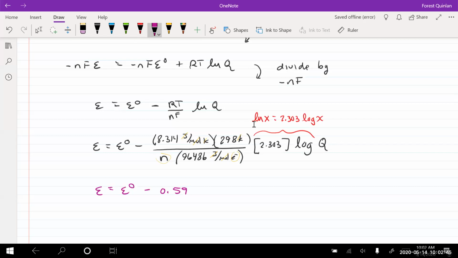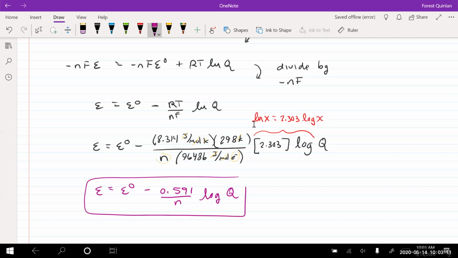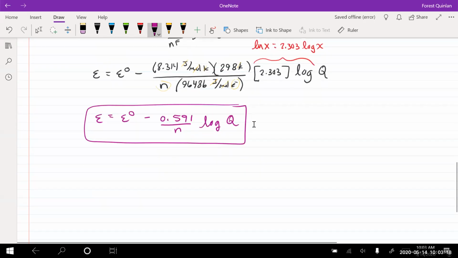So I get to go off of memory on this one. I got 591. Okay.